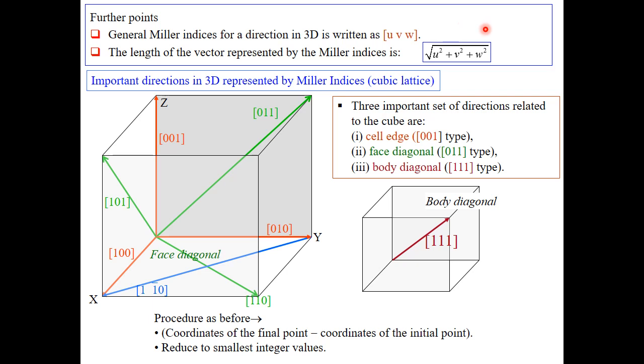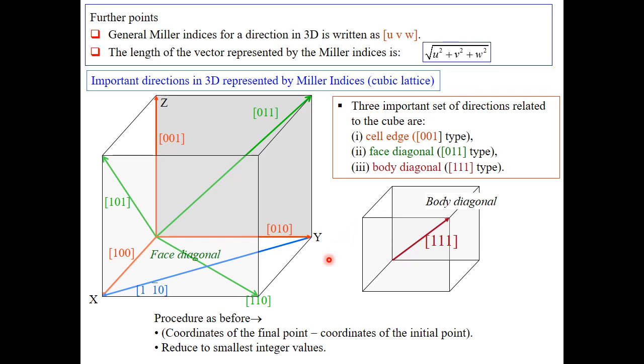The length of the vector represented by the Miller indices will be root of u square plus v square plus w square. Now in the previous slide we saw 2 coordinate axes, that is x axis and y axis. Here we will be having one more axis, that is x, y and z, since we are dealing with 3 dimension.